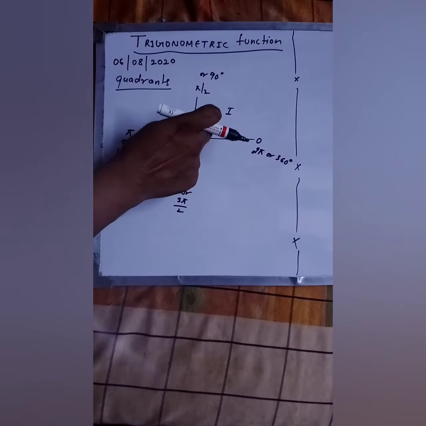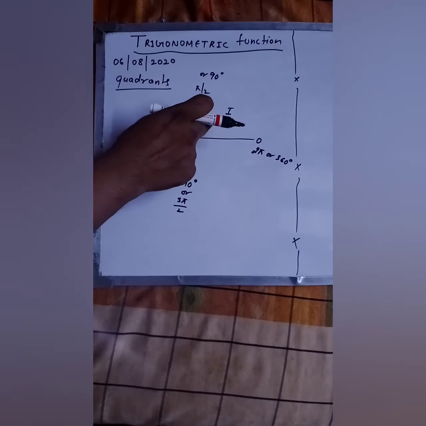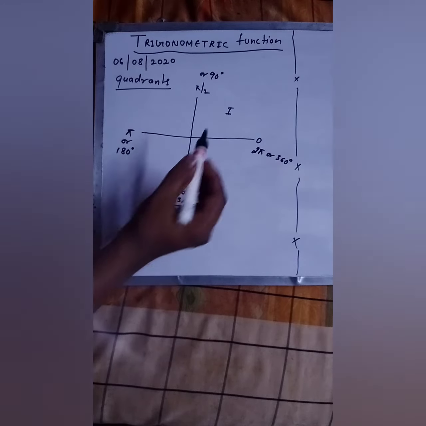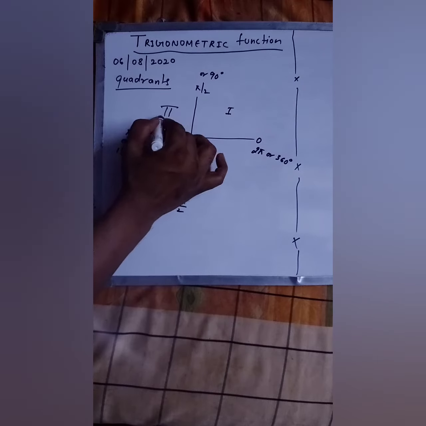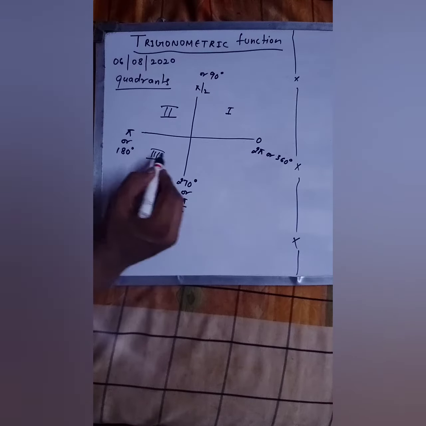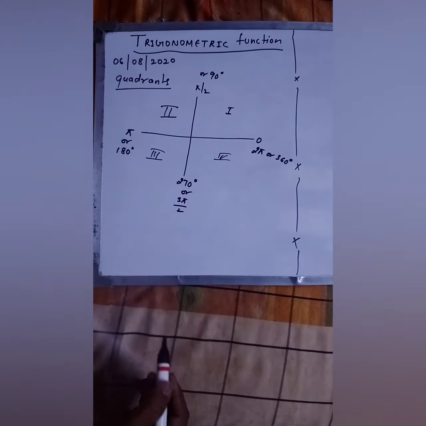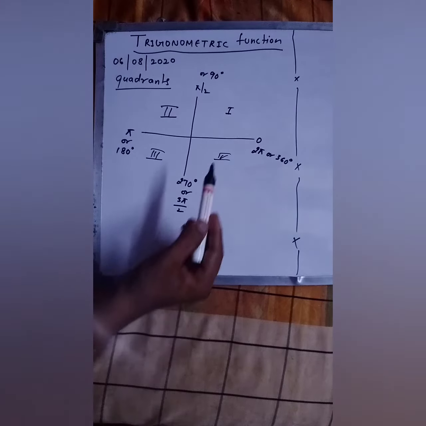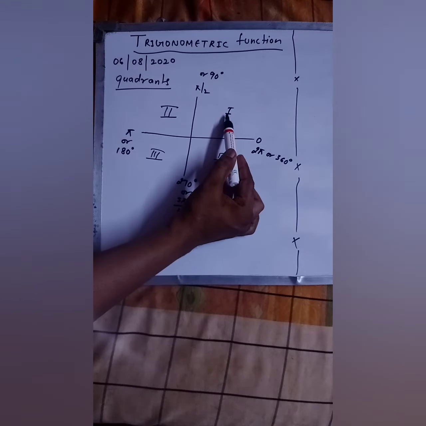Okay, so this is known as first quadrant. It has 4 parts: this one, this one, this one, and this one. Fine. So here we have 4 quadrants.